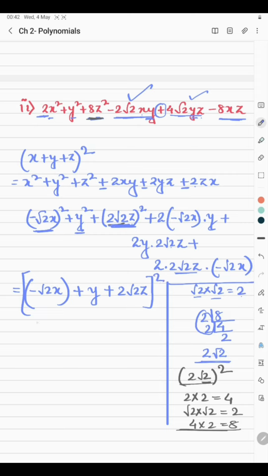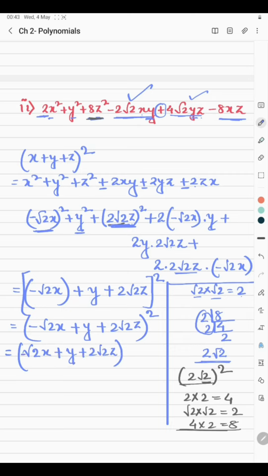This is whole square, so that means this is minus root 2x plus y plus 2 root 2z whole square. If you want to write the factors of this, you can write this way also, or since the degree is 2, we can write the factor twice, so it's minus root 2x plus y plus 2 root 2z into minus root 2x plus y plus 2 root 2z.